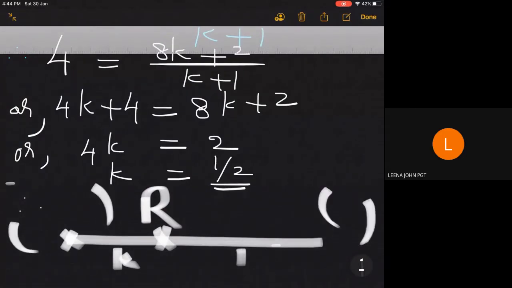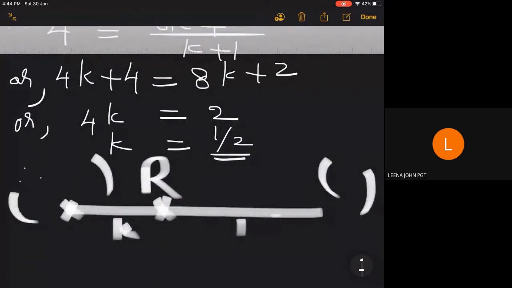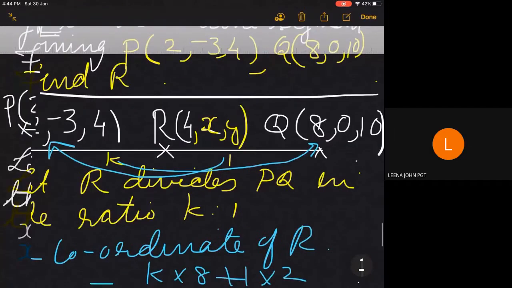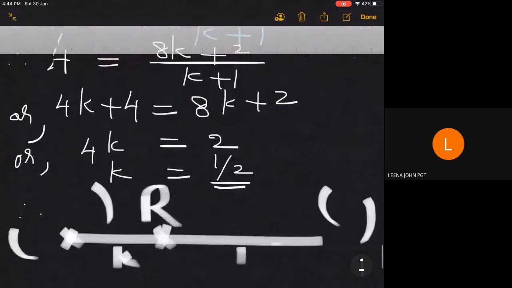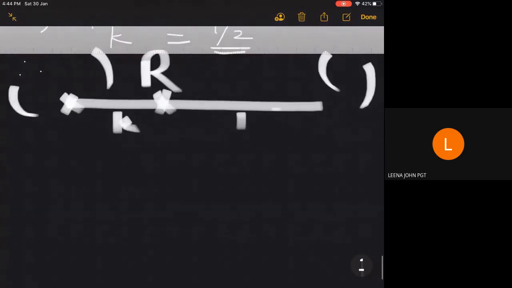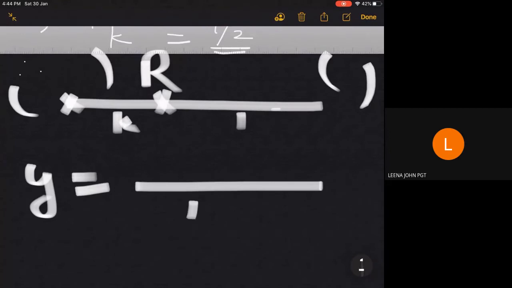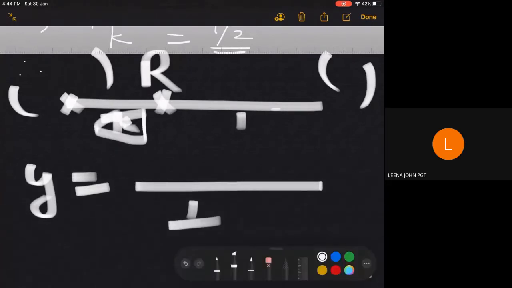So what will it be? The y coordinate equals (k into 0 plus 1 into minus 3) divided by (k plus 1). Here k is 1 by 2.